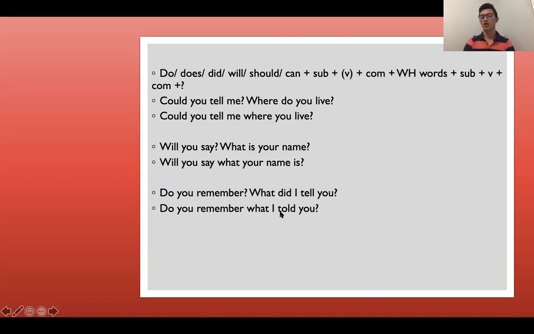Do you remember what I told you? What did I tell you is the interrogative formula of past simple tense. But when you want to make a positive sentence in simple past tense, you use the second form of verb. Instead of did I tell, you say I told. You change the interrogative sentence to positive sentence. So what did I tell you is changed to what I told you.